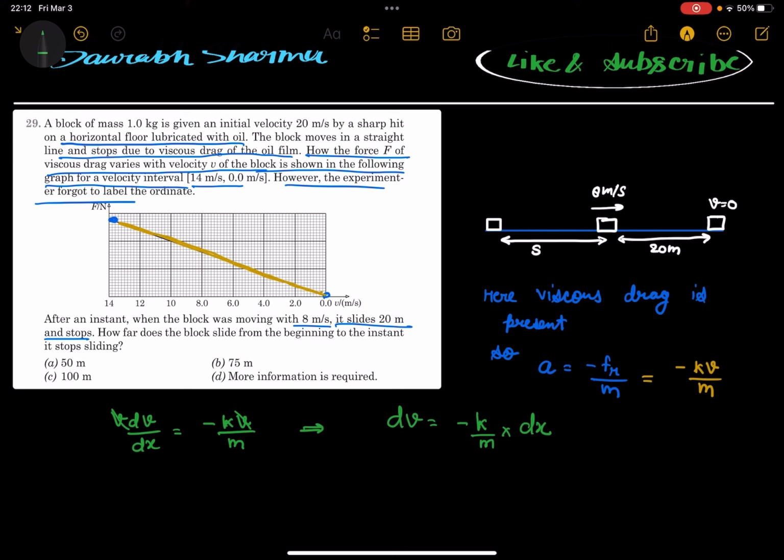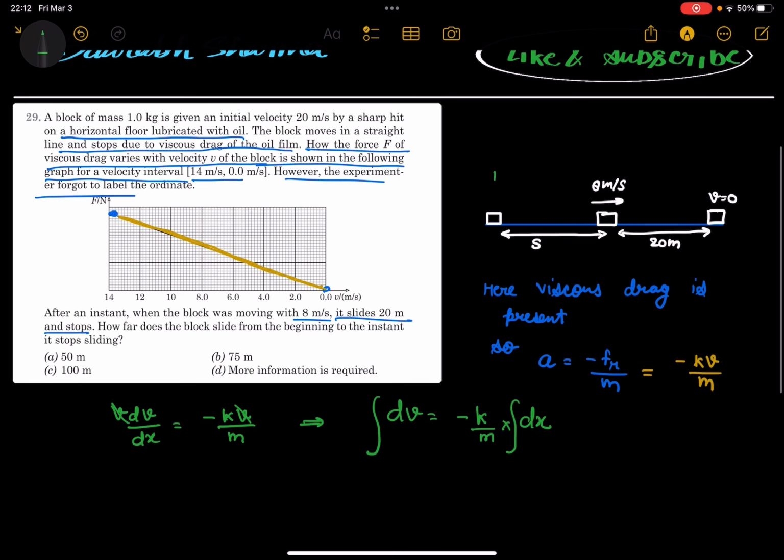One important thing we know very well: suppose I write the negative coordinate x equal to minus d here, x equal to 0 here, and x equal to 20 meters here. At x equal to 0, the velocity is 8 meters per second, and at x equal to 20, the velocity is 0.